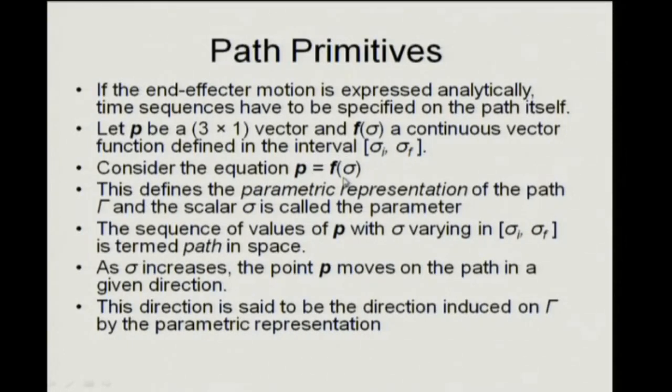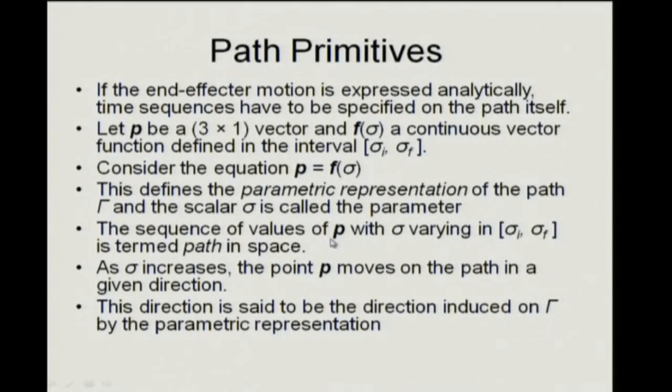So what I have done is represent this vector as a function of a single variable which is changing, and it gets me all three variables, a vector field. A single variable defines a vector field P, so I can define curves in space. This is called the parametric representation of the path tau, and we call the scalar sigma the parameter.